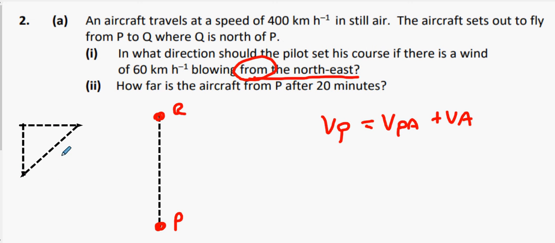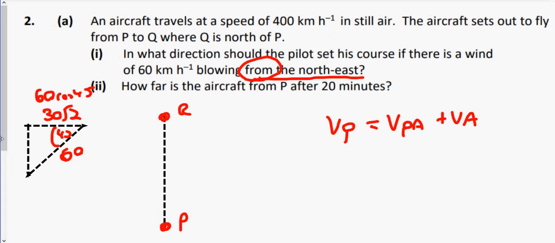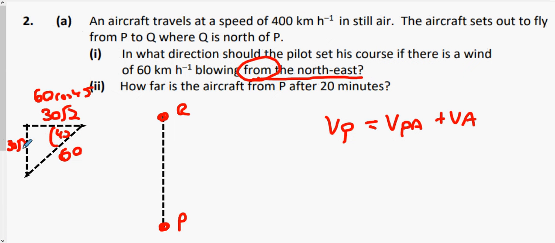So 60 cos 45 and 60 sin 45, please, in third form. So 60 cos 45 and, what is it? 30 root 2. So 30 root 2 to the left and 30 root 2 downwards. Okay? Just in case I happen to need it.